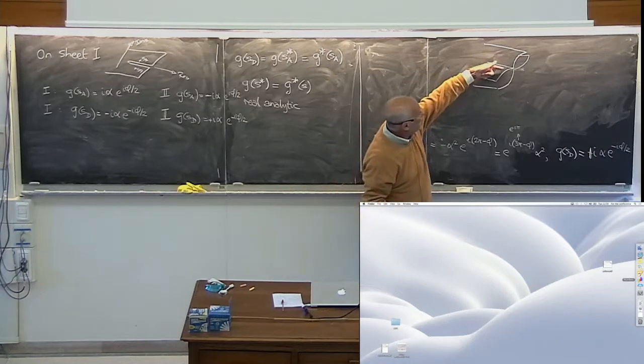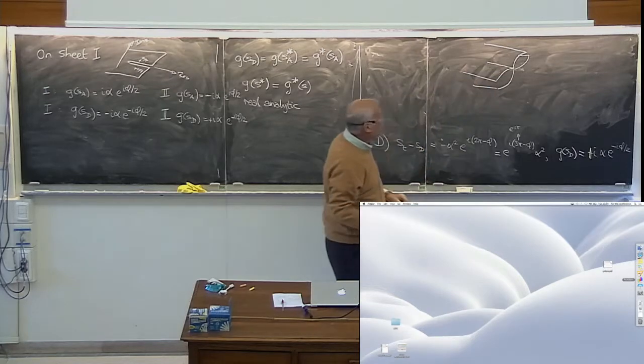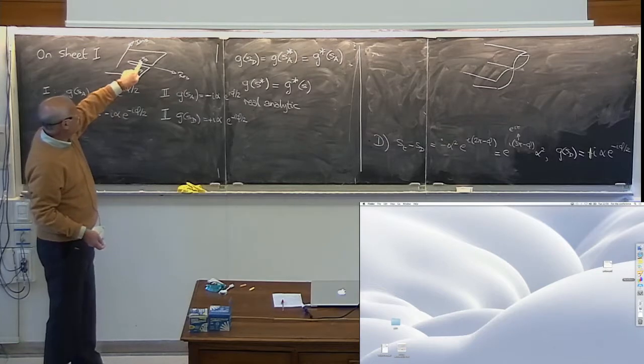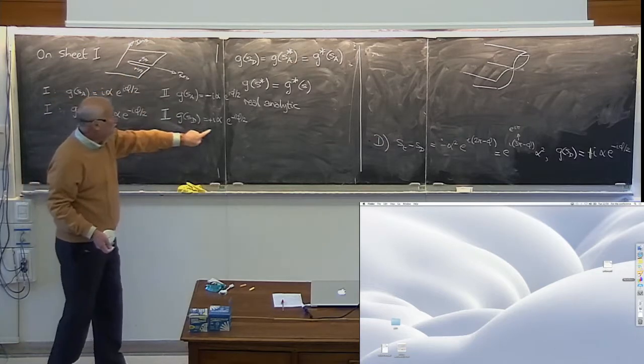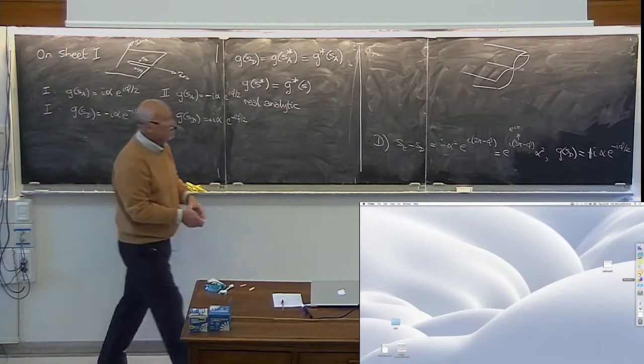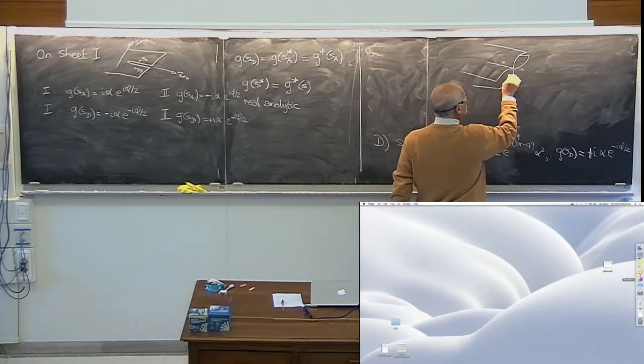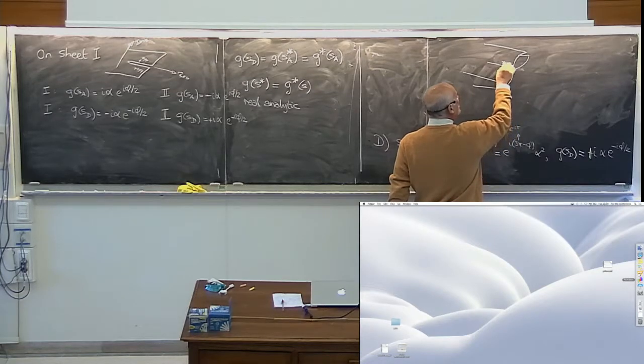Now there's a cut along here which says you can't go from here to here. But we've just seen that the amplitude there on the top and the one on the bottom are connected. So you can go from this point to this point on the bottom one, even though you can't go to this point.